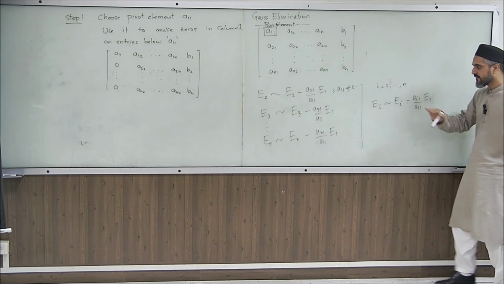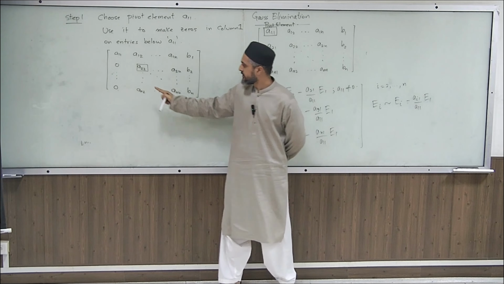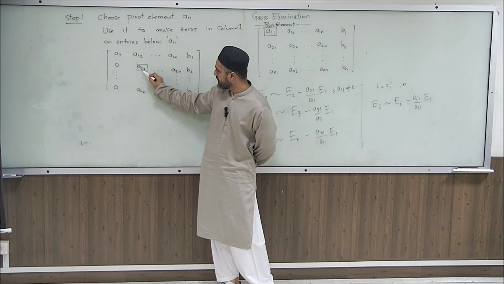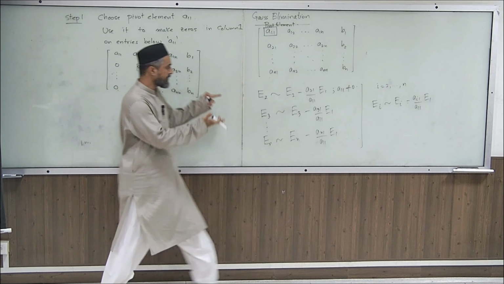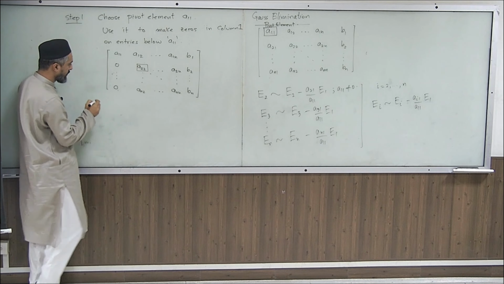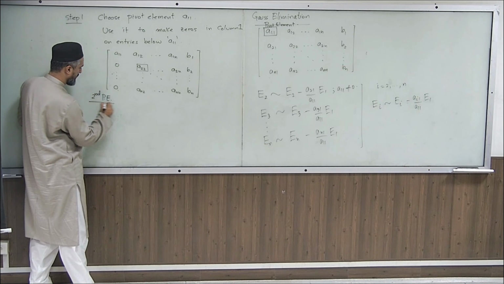Now if the pivot element is A22, I have to make changes at A32. So below this point there is A32, then A42, so on to An2. Let's write it like we just did for the second pivot element.